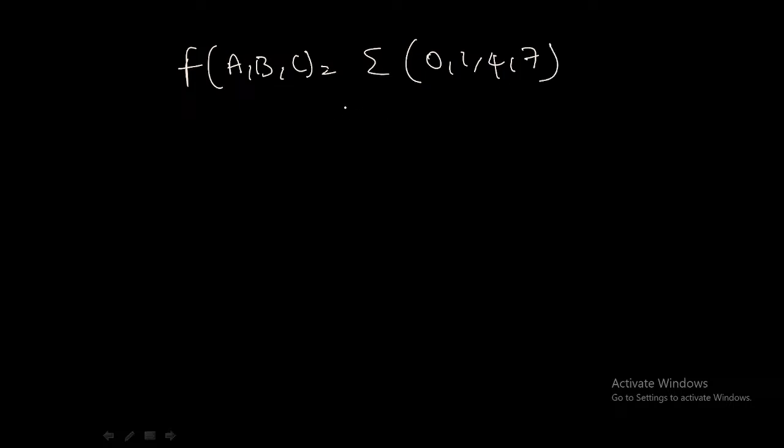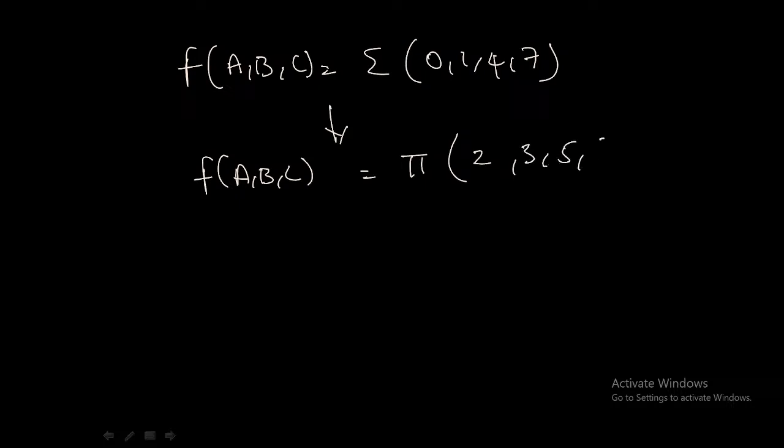So let's say we have a function f of a, b, c equal to sum of 0, 1, 4, 7. So how to find the max term form of this particular function, which is nothing but f of a, b, c equal to pi of 2, 3, 5, 6?